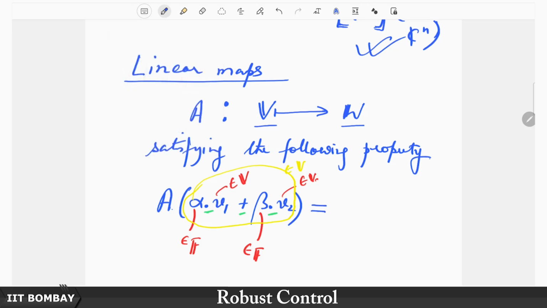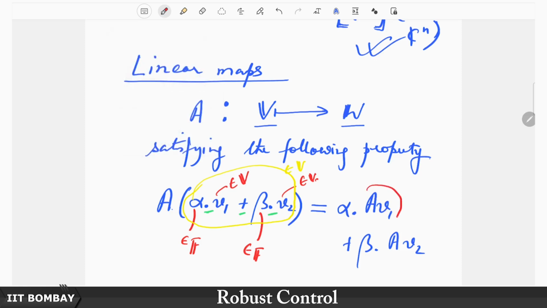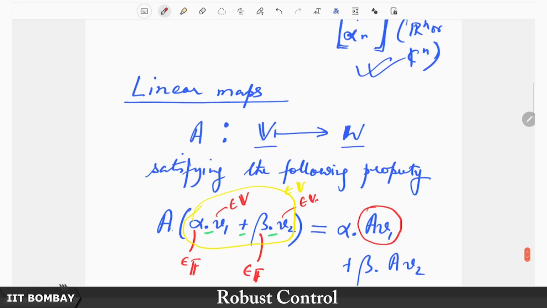This is the quintessential property of a linear map, that is, it is going to be alpha times A V1 plus beta times A V2. What does that mean? Notice here, this particular element, this A V1, where does this belong to? If V1 comes from the set V, then A V1, that is, when V1 is mapped using A, this comes from the set or the vector space W, as does A V2.